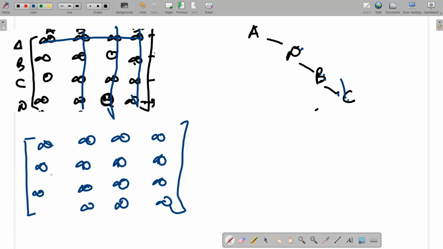And even I cannot go from C to A either. So the C to A value is infinite, and again the D to A value is also infinite. All values are infinite.